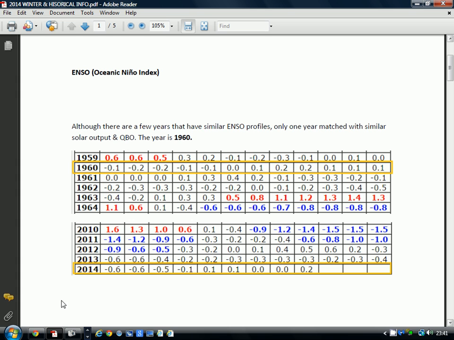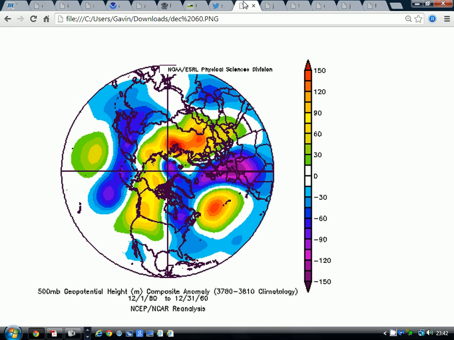These are the ENSO numbers, I should say, for 2014. Looks to be a very close match. So it appears from Stuart's analogues as though this winter should be, or could be, quite close to winter of 1960-1961. So let's have a look and see what that particular winter produced.